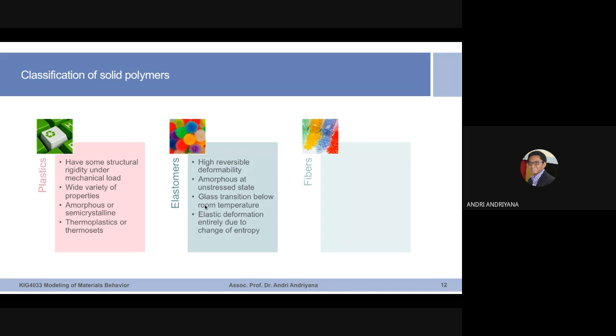Elastomer, which will be our focus. They have a specific characteristic of being able to undergo deformations at large strain, but elastically. So you can stretch them elastically to 3 or 4 times their original length, but the deformation remains elastic without plastic deformations. It is called high reversible deformability.